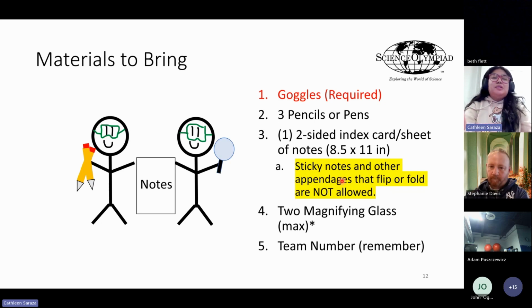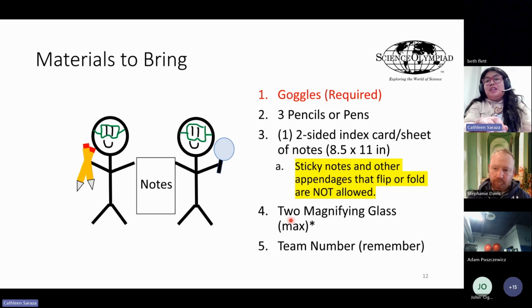So no sticky notes are allowed on this sheet. They can only write front and back, and you can't put any other additional sheets, like sheets that are stapled or taped on that can be flipped or folded up, because we just want to make sure it's fair for everyone. So please just have your students come in with a sheet, double-sided. They can write whatever they want.